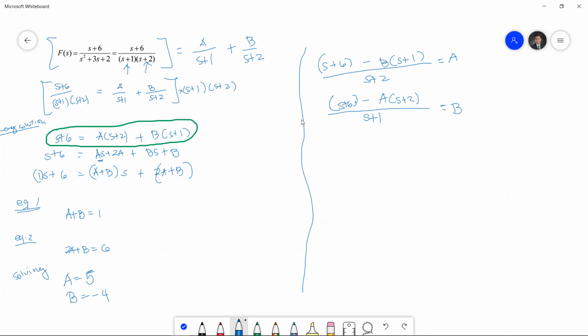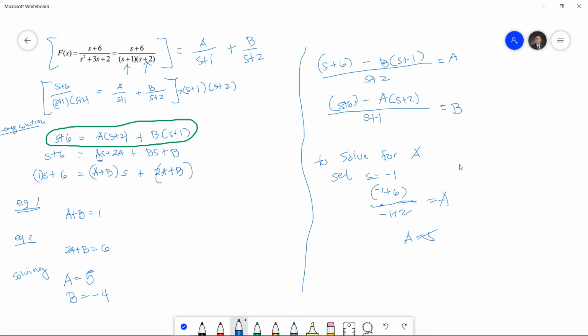So, to solve for A, you will set S is equals to negative 1. Okay? Then, solving for S equals to negative 1, what we have left is negative 1 plus 6 over negative 1 plus 2 is equals to A. Therefore, yung A mo is positive 5.